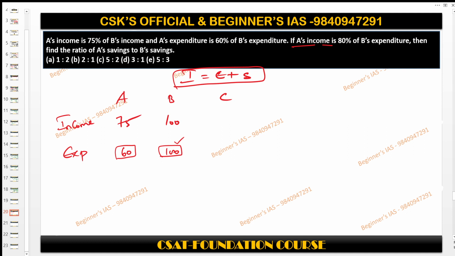After knowing this one, A's income is 80% of B's expenditure. So what does it mean? What is A's income now? 75, isn't it?